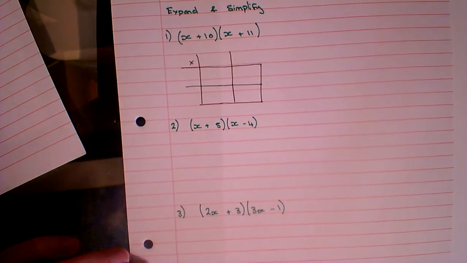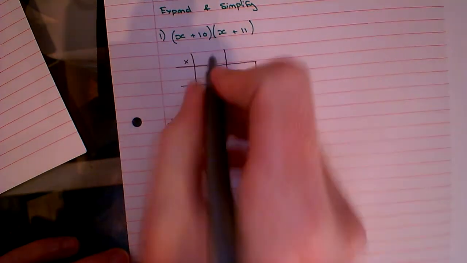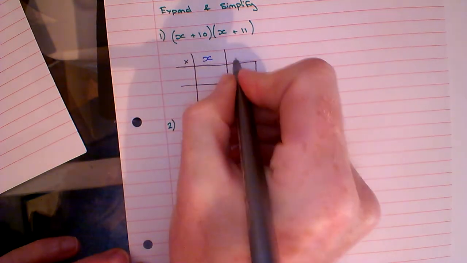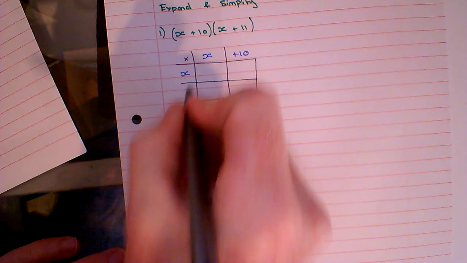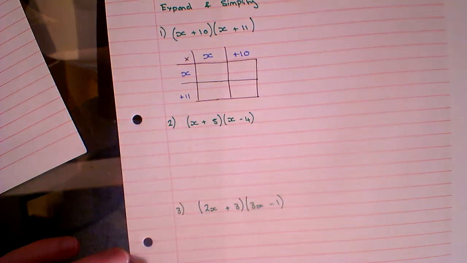And I'm going to put a multiplication sign there. Everything inside the bracket is going to go outside of those 4 boxes. So x plus 10 is my first one, and x plus 11 is my second bracket.